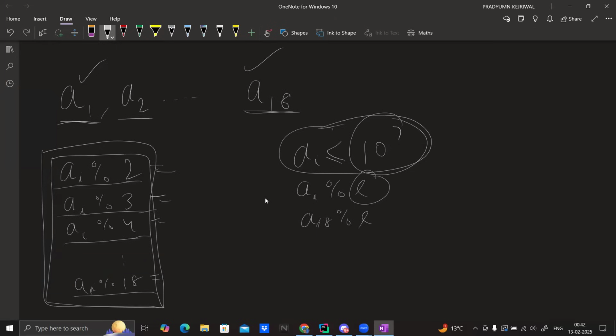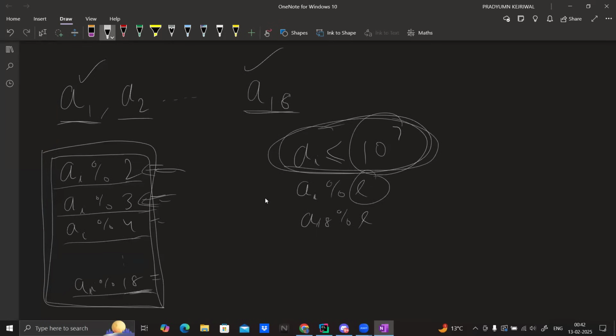If you go till 18, then you will find only one solution in this range, and therefore if you have two different values of AI, then definitely some congruence is not satisfied. Modulo some value, they will not be the same, and therefore at least one subsequence is not good, it is not legal.